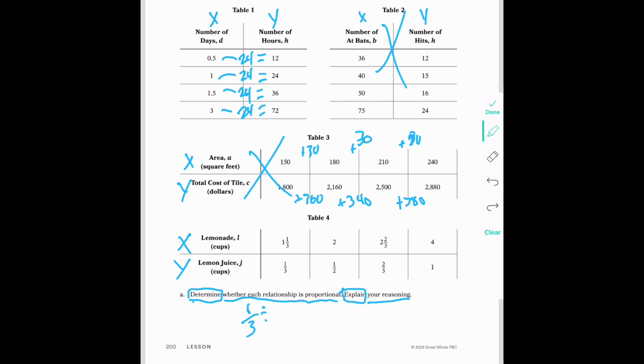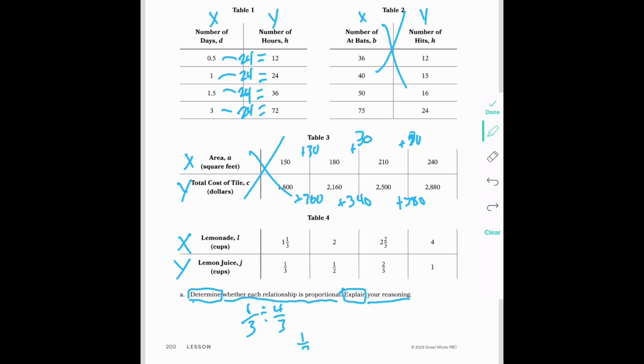So dividing Y by X, that would be 1/3 divided by 1 1/3. I have to turn 1 1/3 into an improper fraction. So that'd be 1 times 3, which is 3, plus 1, which is 4. So that'd be 4 over 3. Oh no. When you divide a fraction, you have to do keep, change, flip.